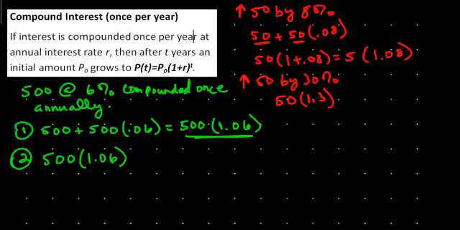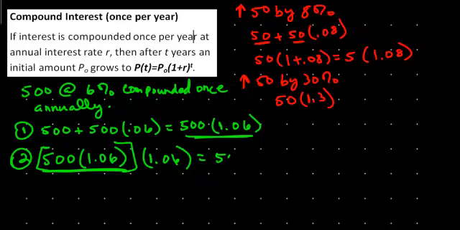I get to earn interest on my interest. So I bump this whole amount up by 6%. That is, I take this whole piece and multiply it by 1.06, because I earn interest on my interest. That's the difference between compound interest and simple interest.